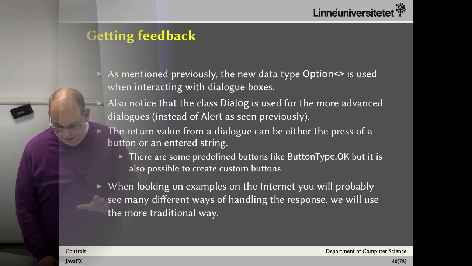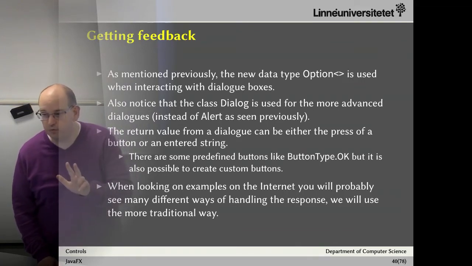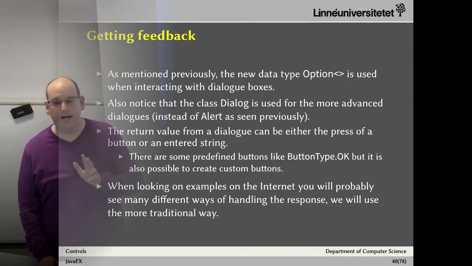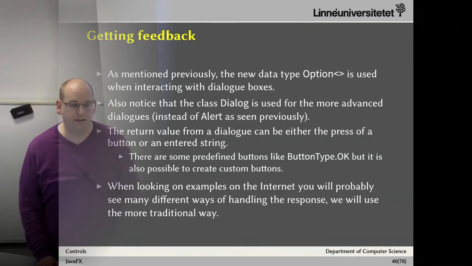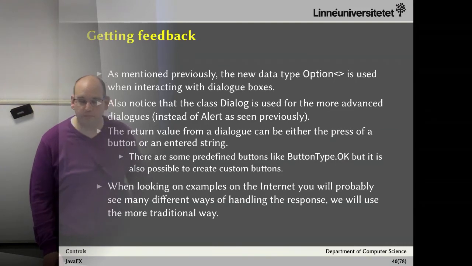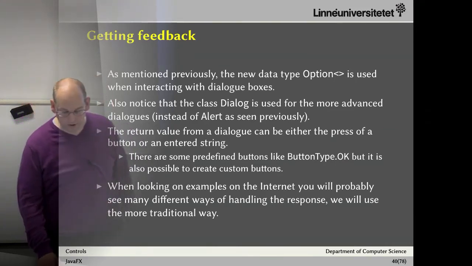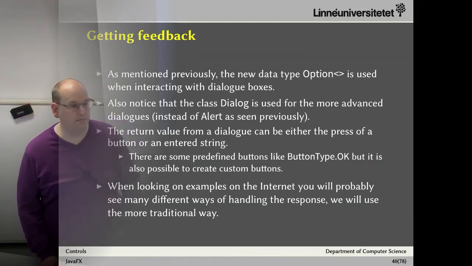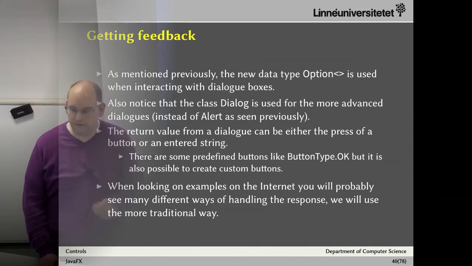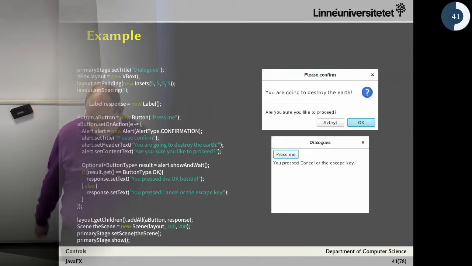And as I say here, there are at least 3 different ways, depending on how much Java 8 and how much Lambda you'd like to use when you get the reply back from the dialog box. And we'll use something in the middle, which uses a little Lambda and a little Java 8.